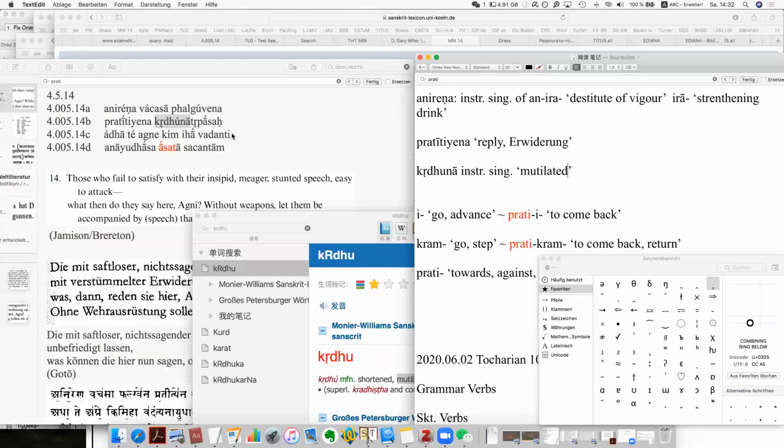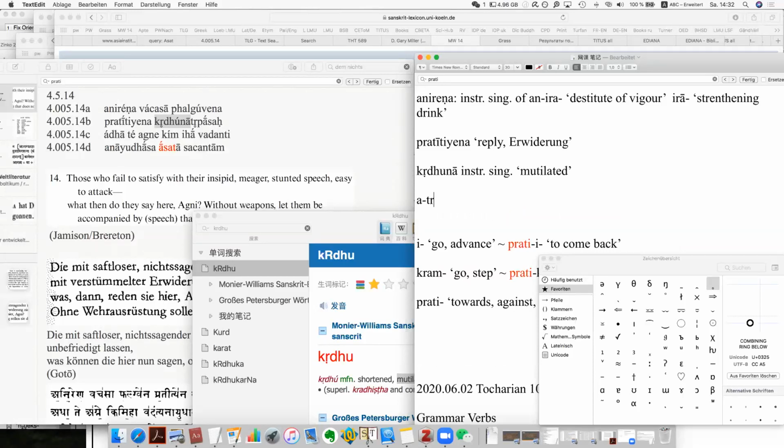So atripasa, this is nominative plural. So this is a special nominative plural form. Nominative plural usually should be as, right? But in Vedic there's another ending called asas.